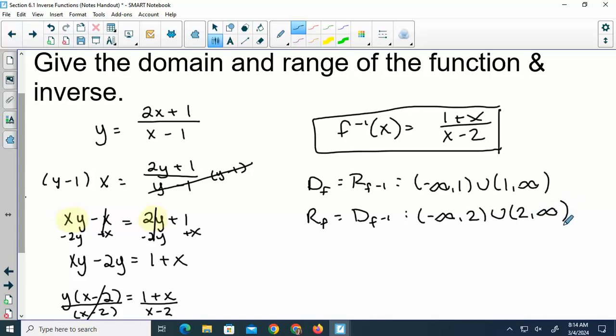Two positive. Any questions on that one?